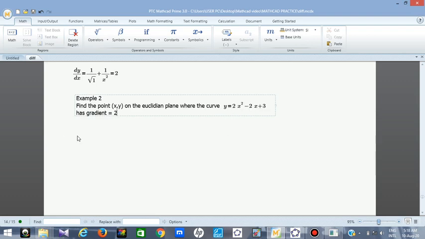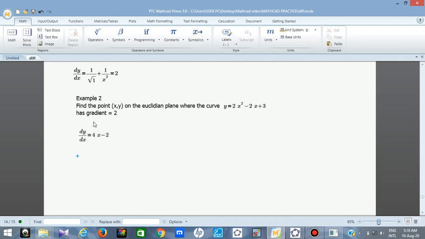All they want you to do is differentiate this function. So dy/dx is going to be equal to, just differentiate it, 2 times 2 is 4x, so you have 4x minus 2.